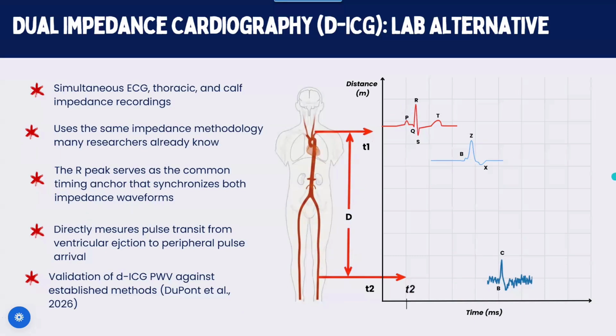One other thing to note here is that with this non-invasive measure coming out of Pete and Mark's group, they've also validated dual ICG against the gold standard carotid femoral artery. And what we find is that dual ICG pulse wave is highly correlated with gold standards of pulse wave.